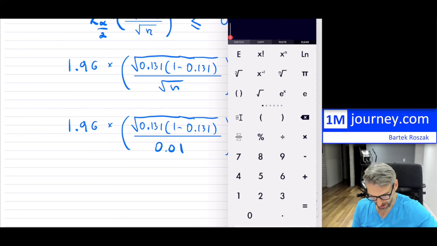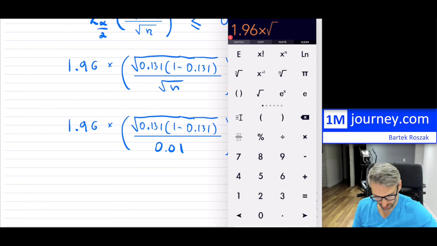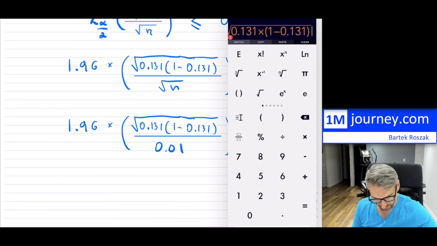So 1.96 multiplied by the square root of 0.131 times 1 minus 0.131, all in brackets, and then divided by 0.01. So this is my answer.